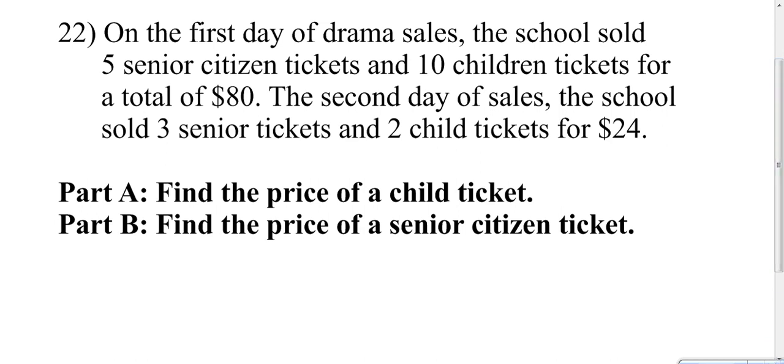So just take one at a time here. We're going to start out with the first: 5 senior citizen tickets, so we're going to put 5S, then 10 children tickets, plus 10C, equals $80.